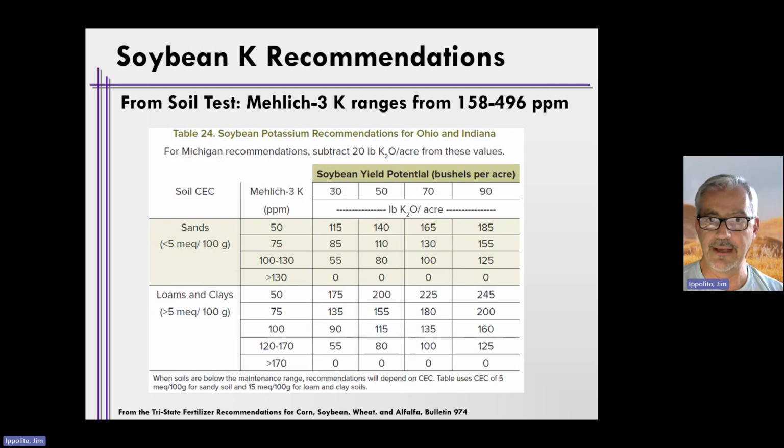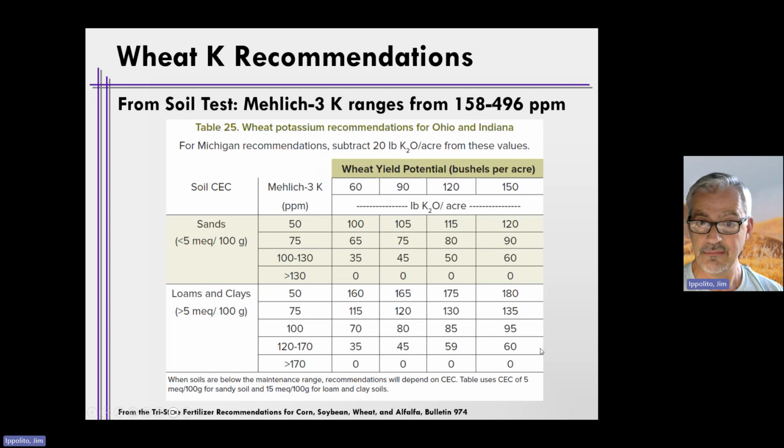So here is the slide for soybean potassium recommendations in Ohio. And again, if we had 158 parts per million at the low end, we wouldn't need any potassium in coarse textured soils, and we would need some potassium in fine textured soils. The same holds true for wheat.